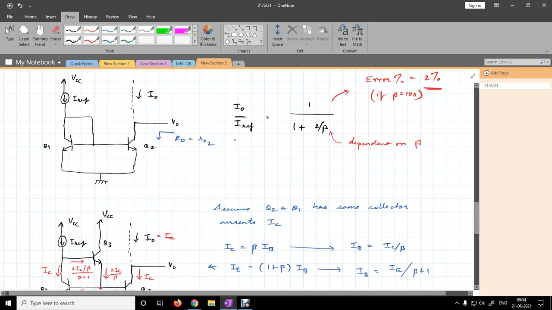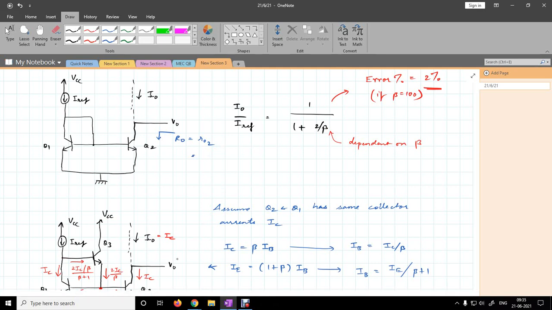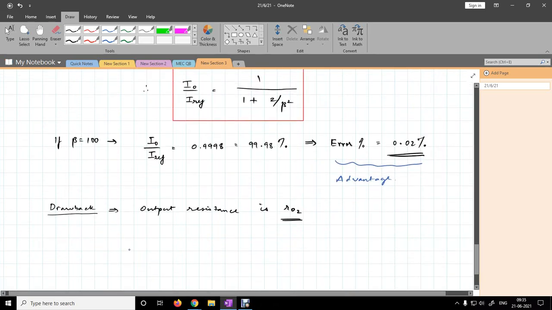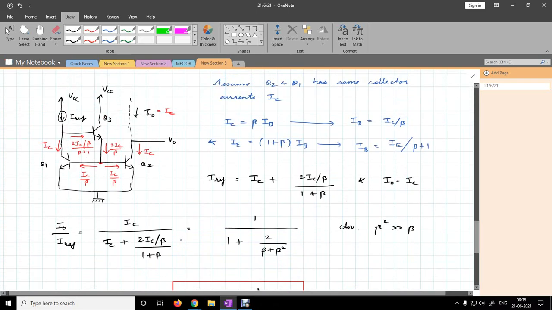Right? R naught 2 is actually, when you draw the output characteristics of Q2, that is IC versus VC, and in the saturation region, if you take the slope, you get some value, and the inverse of that slope is actually R naught 2. Same thing here in this circuit diagram also.